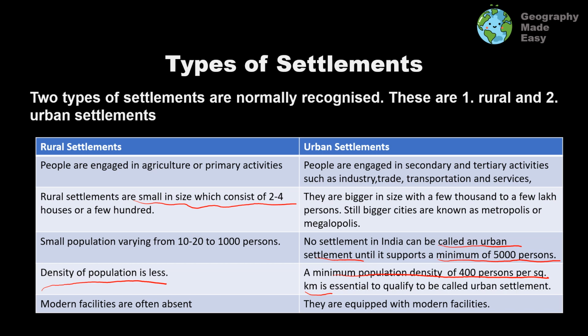And urban settlements usually have modern facilities, all the high tech hospitals and schools, universities, business houses, employment opportunities. Mostly we see them in the urban settlements because it involves the secondary and the tertiary activities.